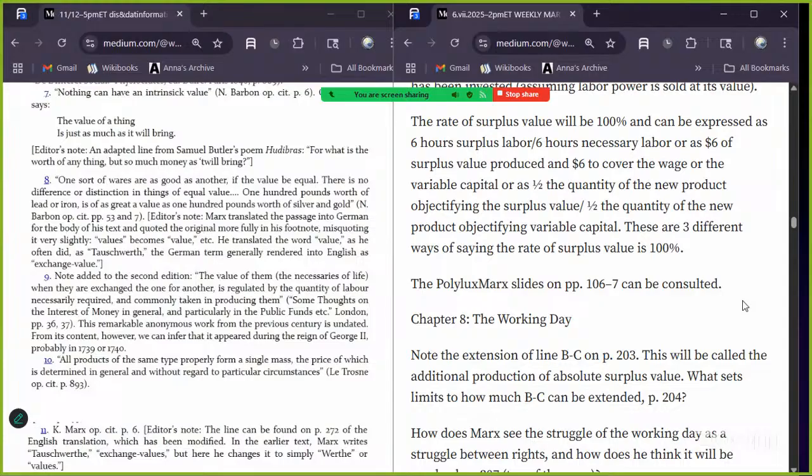We're close to the end now, and I won't talk about the working day, but that is the key to differentiating between absolute and relative surplus value. But it conceptually is important because we've just introduced the difference between what is necessary and what is unnecessary, or paid and unpaid, and a variety of other kinds of direct and indirect relations that are at work in thinking about production.